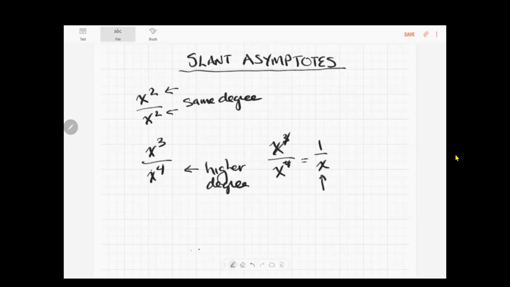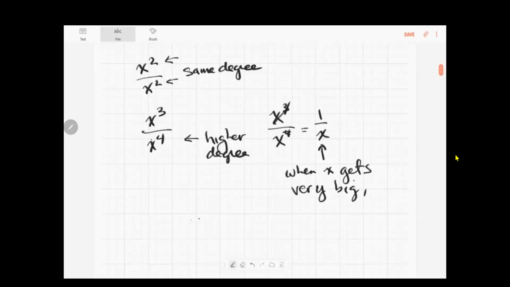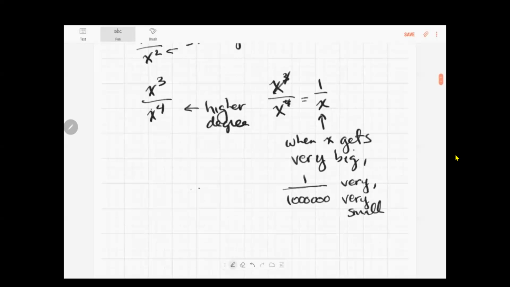Well, what happens when x gets bigger? When x is very big, like let's make x over 1 million, 1 millionth. As x gets very big, this gets very, very small, and we say it gets closer to 0, so it approaches 0.